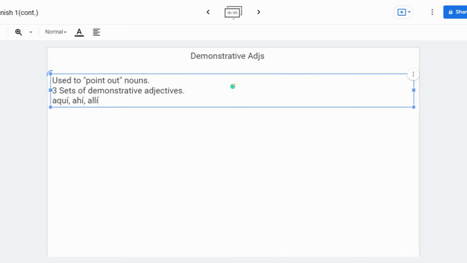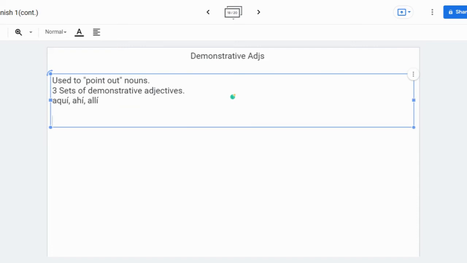Let's move on to how you can use them. Demonstrative adjectives each have one set for each of these demonstrative adverbs, like here, there, or a very far there. Let's start with here, which of course you would use with this. There are four words to say this and these, and because they're adjectives, you have to match gender and number.